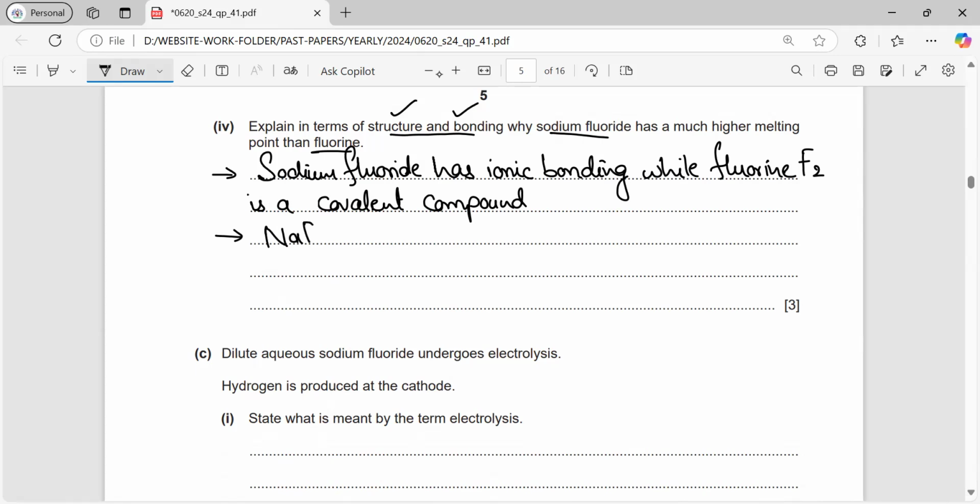sodium fluoride has a giant structure. It has a giant ionic structure because we have to mention the structure also. So you can say it has a lattice structure, giant lattice ionic structure with strong electrostatic forces.